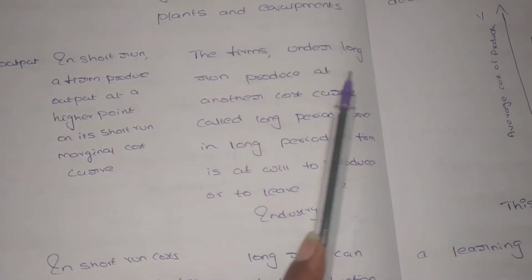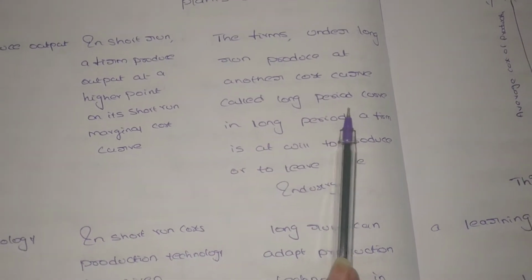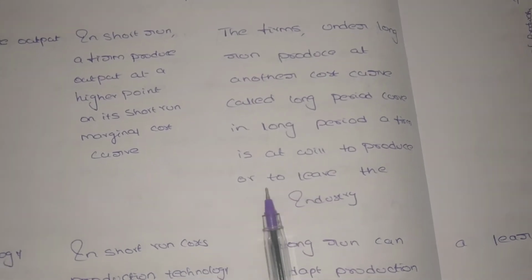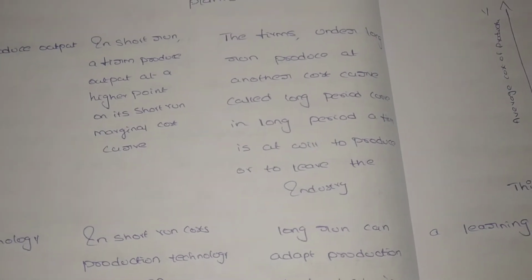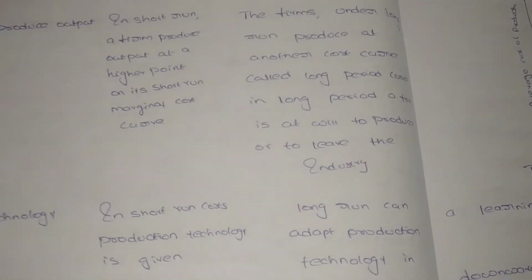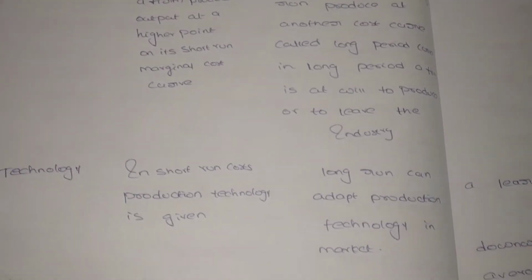The firm under the long run produces at another cost curve called the long run curve. In the long run period, a firm can choose to produce or leave the industry. Means if the firm wants to produce or leave the industry, it is up to the company's wish. The company may want to produce goods or shut down the business. It depends upon the organization.